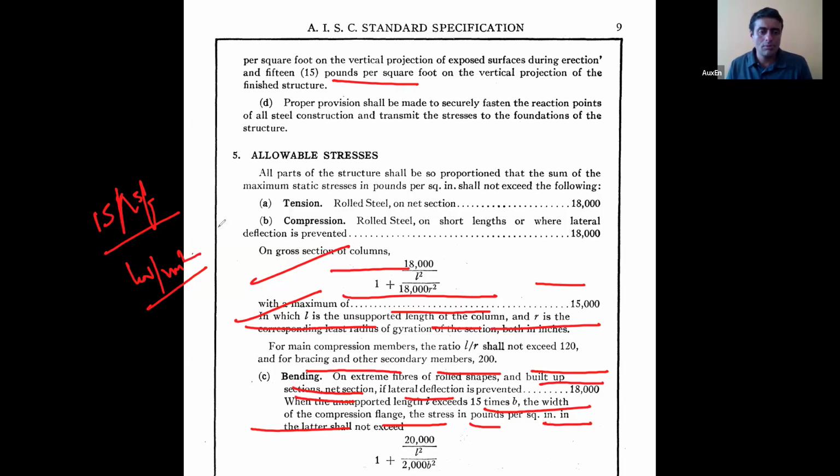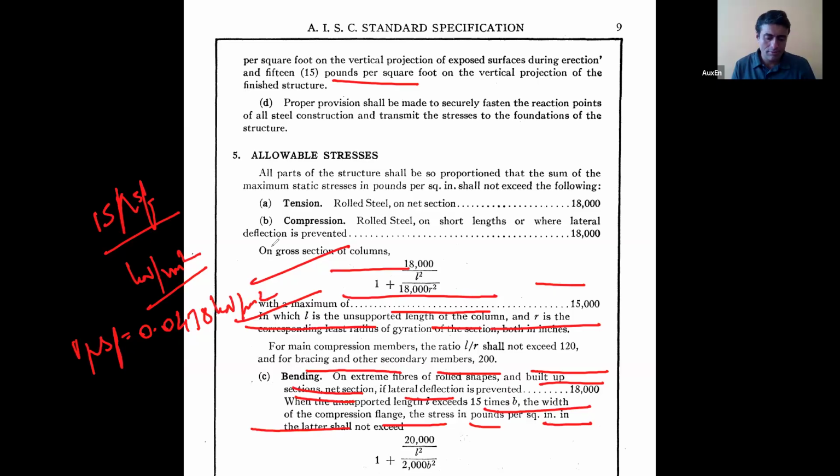How much does it say? 1 PSF is 0.0478 kilonewton per meter square. So just convert this and tell me how much 15 will be.